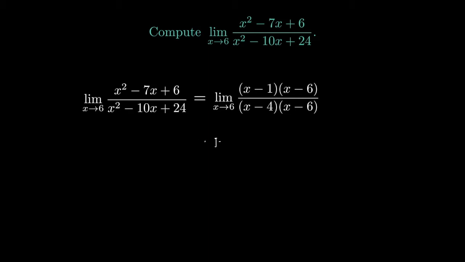Cancellation gives us x minus 1 over x minus 4, which may be evaluated at x equals 6. The limit as x approaches 6 of x squared minus 7x plus 6 over x squared minus 10x plus 24 is 5/2.